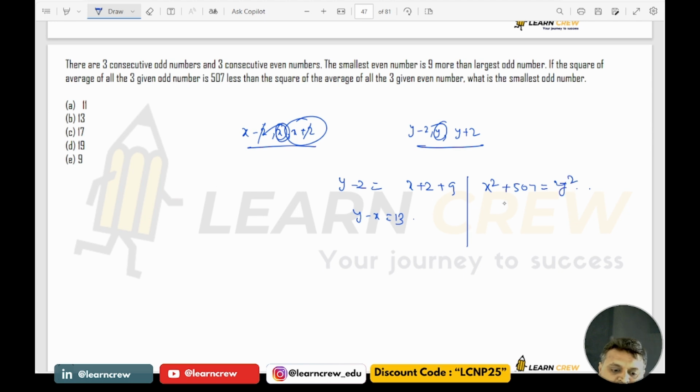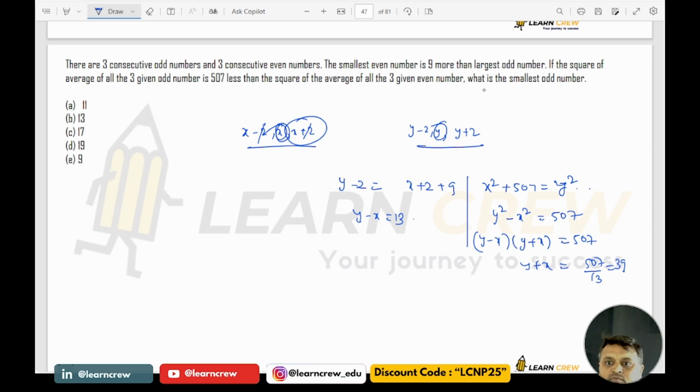So y square minus x square is 507. Now y minus x is 13, so y minus x into y plus x is 507. From this you get y plus x as 507 by 13, which is 39.